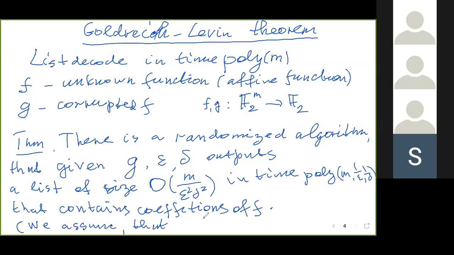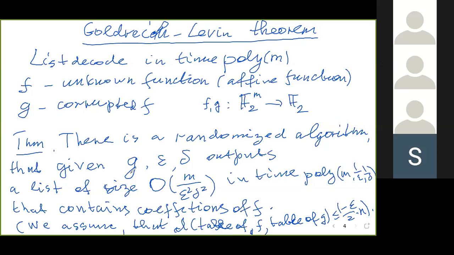And here we assume that the Hamming distance between the table of f and the table of g is at most (1 minus epsilon) over 2 times the total length of the table.